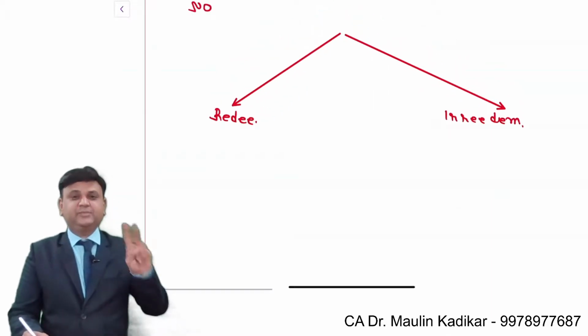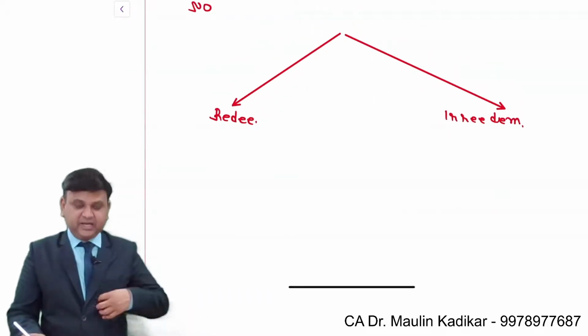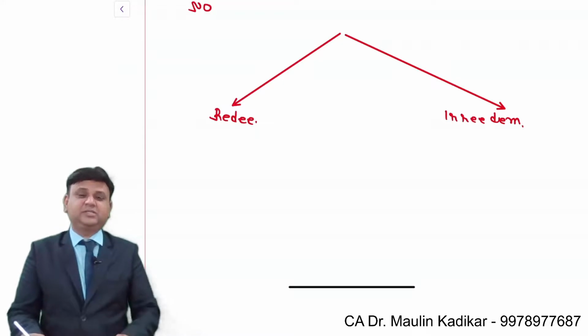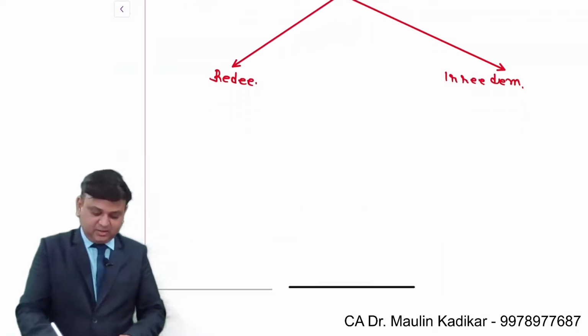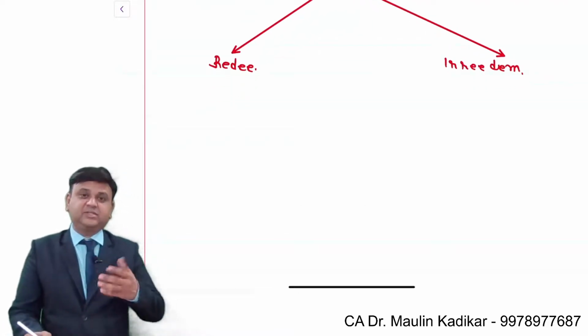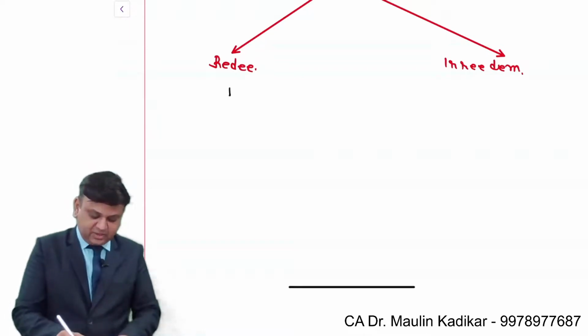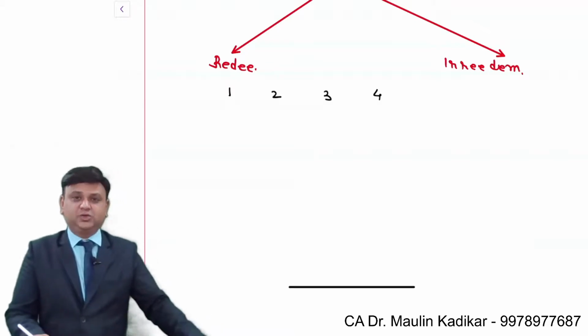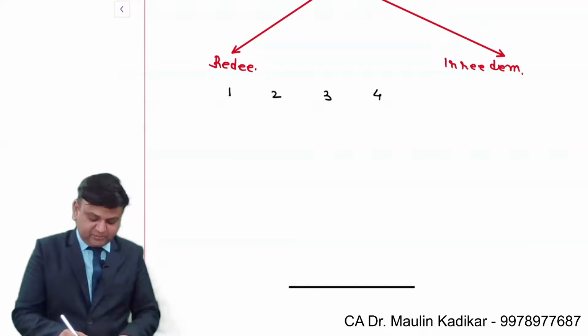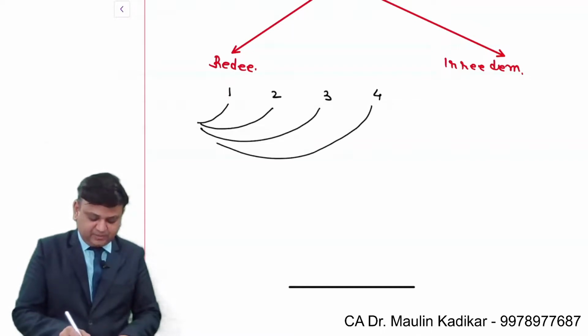In case of redeemable security, the security is issued for a specific time period only. During that time period, whatever income the investor is going to receive, end of year 1, end of year 2, end of year 3, end of year 4, whatever may be the number of years for which the security is issued, all of them are discounted in present value terms, and with that P0 is calculated.